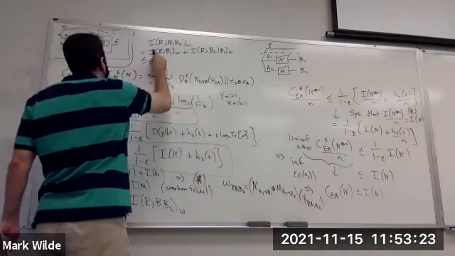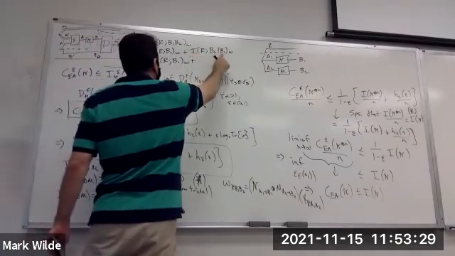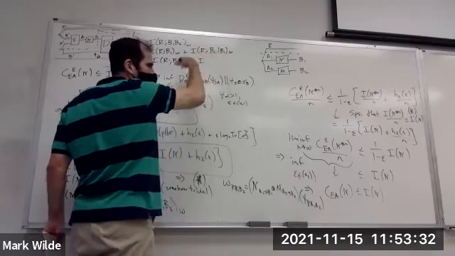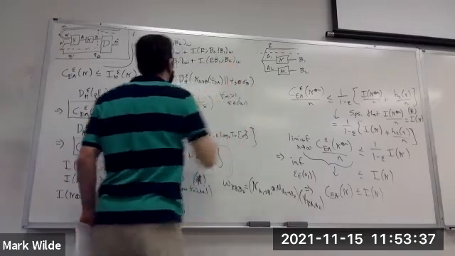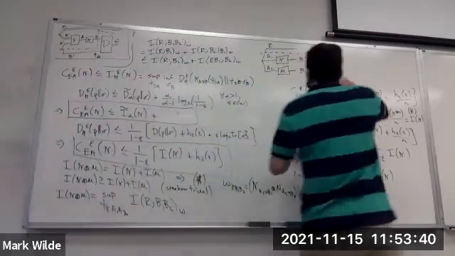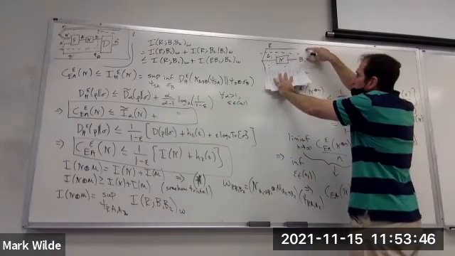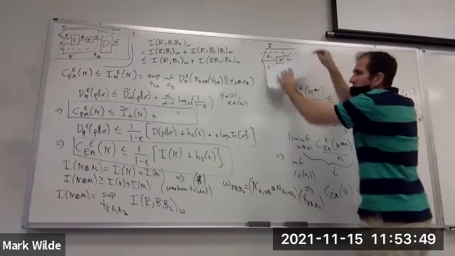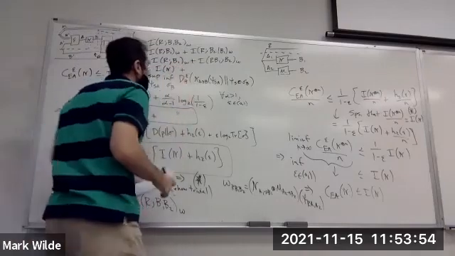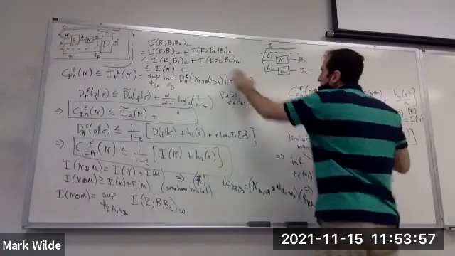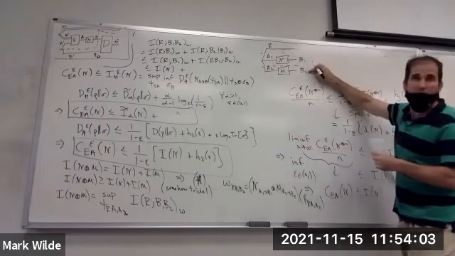Using the chain rule for conditional mutual information, you can bring this B1 over to R, similar to what we did in the converse. So now what are we looking at? We're looking at a mutual information between R and B1 without M in there. That's going to be bounded from above by the mutual information of channel M, the first channel, by definition. Next, we're looking at a mutual information between R and B1 and B2.